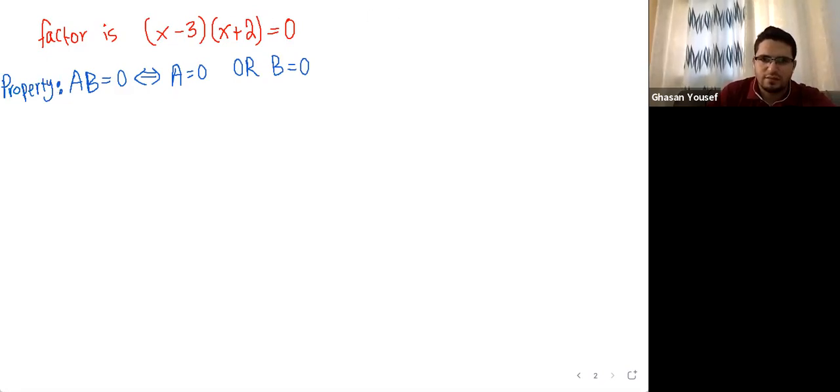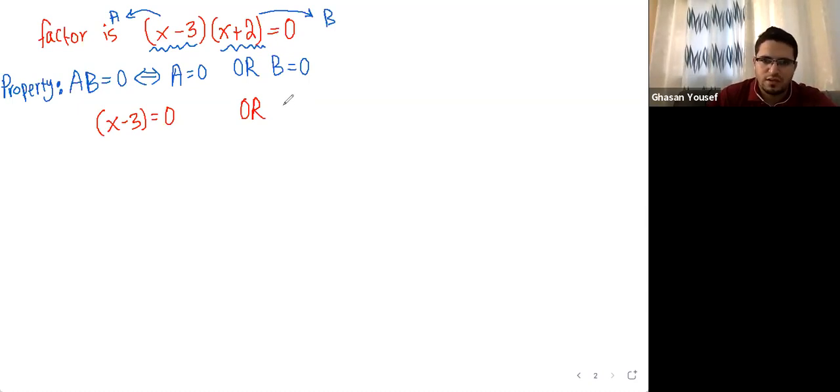Again, all this parentheses is my a, and all this parentheses is my b. So applying this property, a equals 0 or b equals 0. I mean, x minus 3 equals 0, or the second one is x plus 2 equals 0.